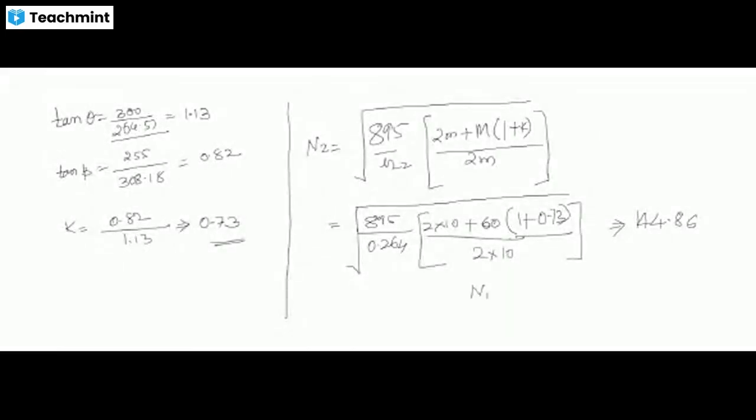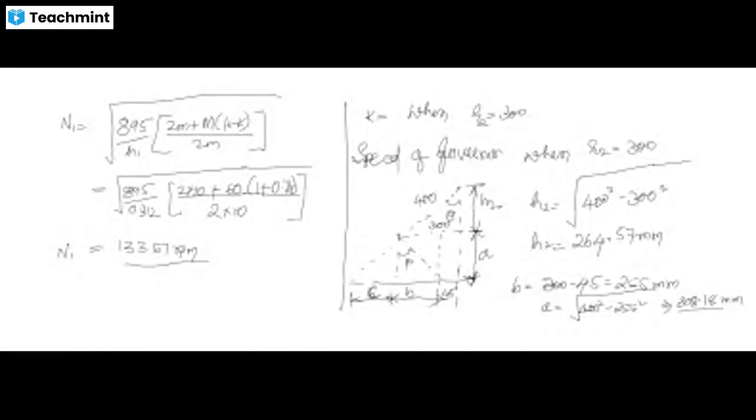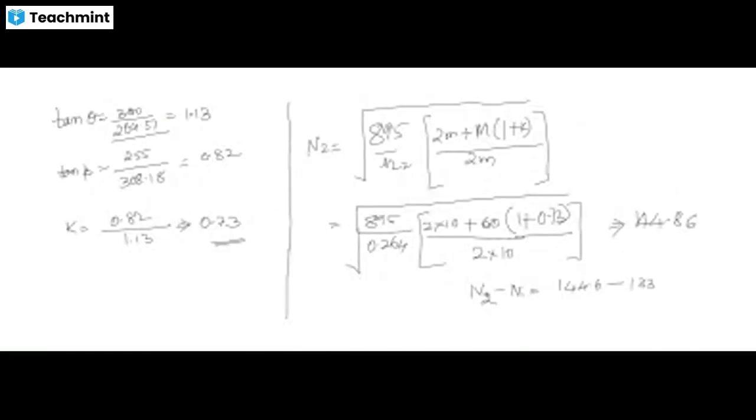So now the range of speed is N2 minus N1, which is 144.86 minus 133.57. That is 11.03.